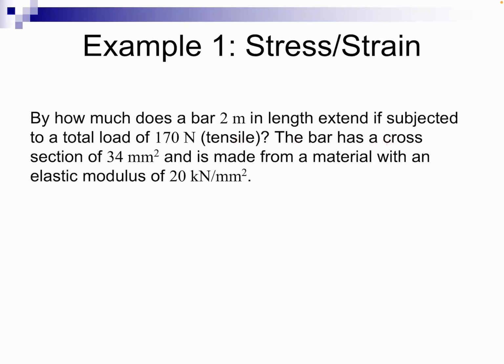The bar has a cross-sectional area of 34 millimeters squared, and the material has an elastic modulus of 20 kilonewtons per millimeter squared. So what we want is how much the length extends, or delta L.